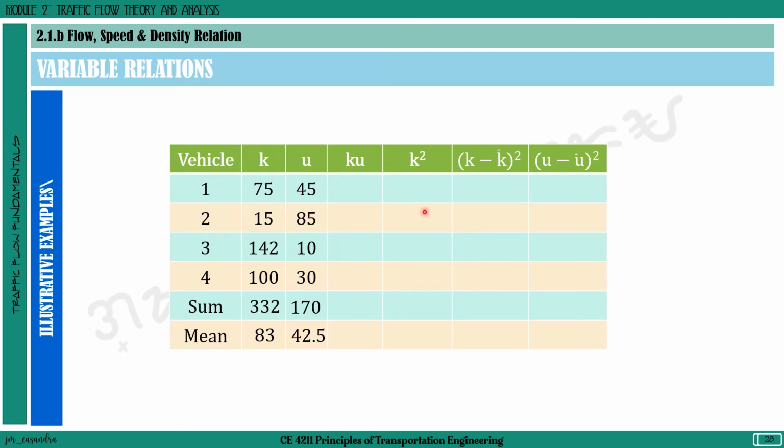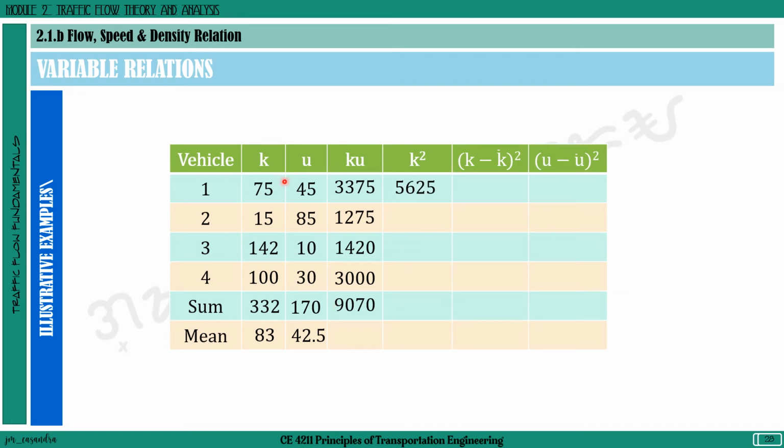So just complete the table for KU. So that's the product of the values of K and U. So we have 3,375, 1,275, we have 1,420, we have 3,000, we have 9070.